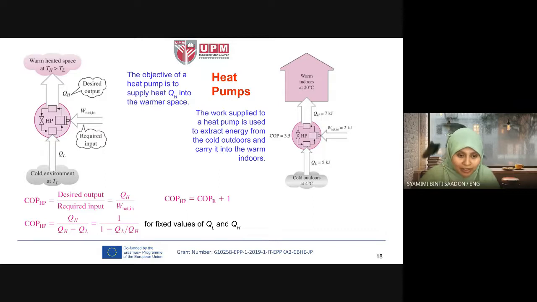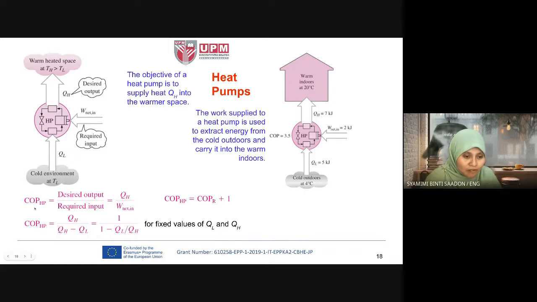Then we run the heat pump with a net input of 2 kilojoule, and we can give heat to the warmer space, inside the house.